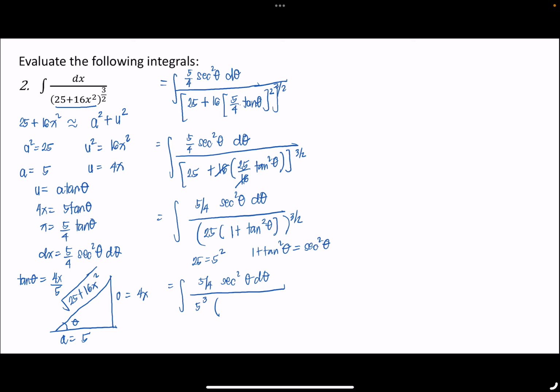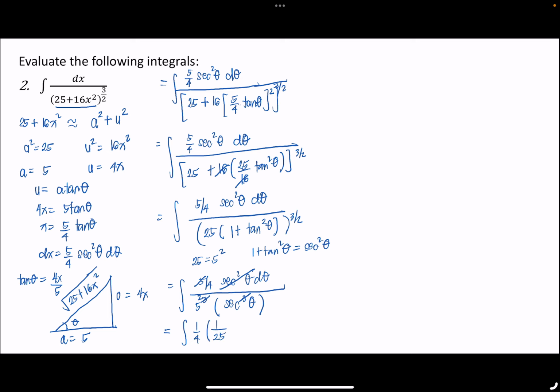So secant squared theta square root would be secant theta raised to 3, so that would be secant cubed theta. We cancel out secant squared with secant cubed, so what's left is secant, and then 5 and 5 cubed, so we have 5 squared.